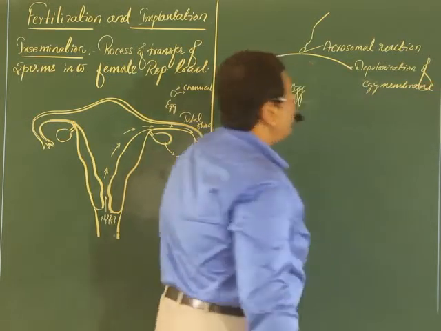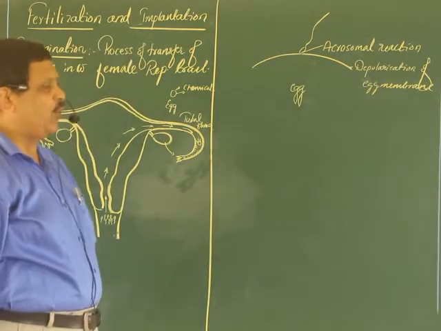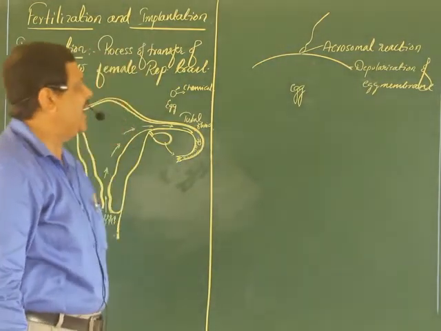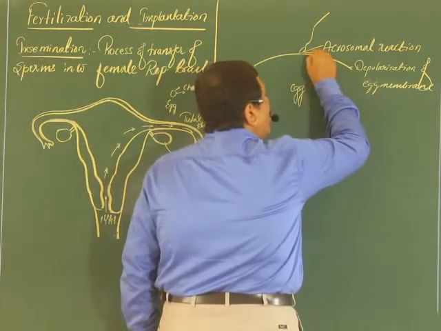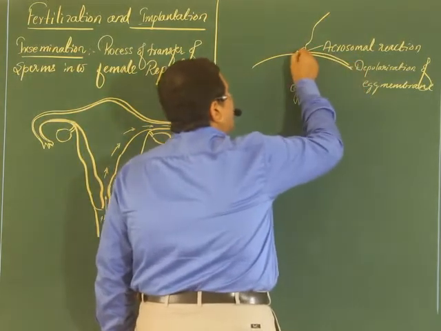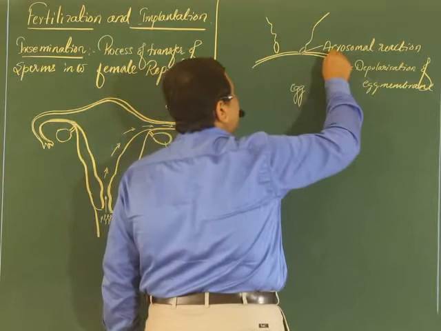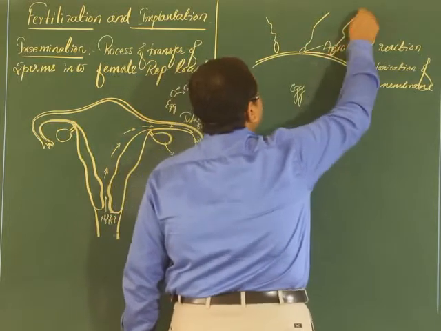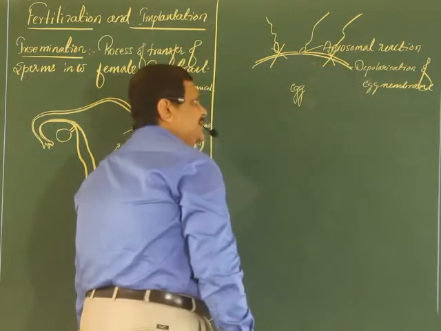Because of this depolarization, the egg will not allow the entry of other sperms. So other sperms can't enter inside. They are rejected.